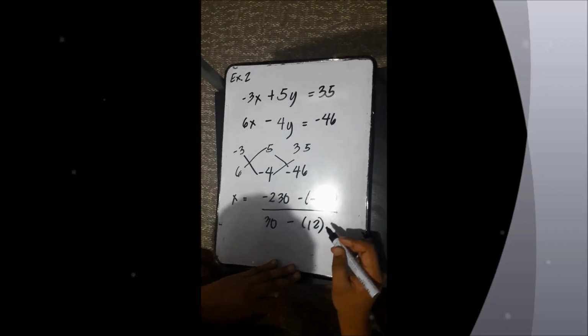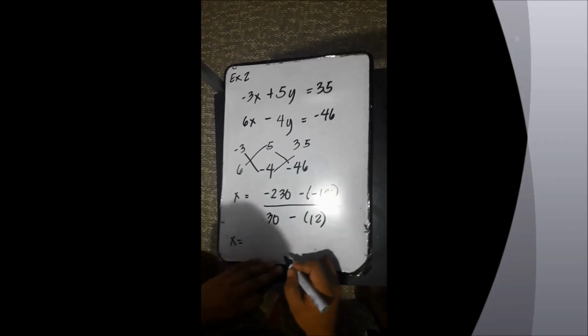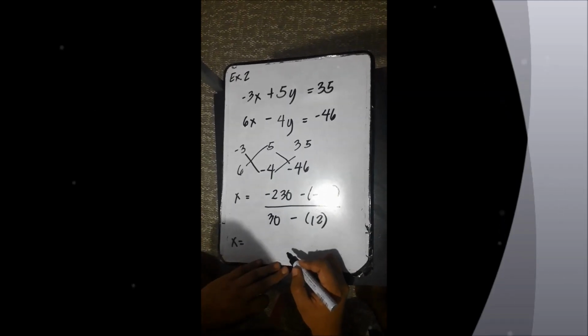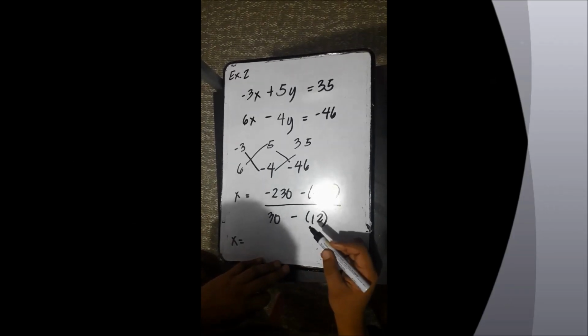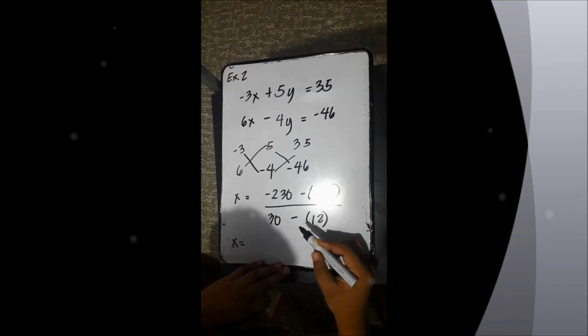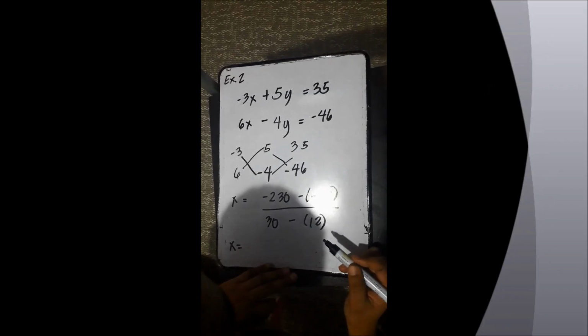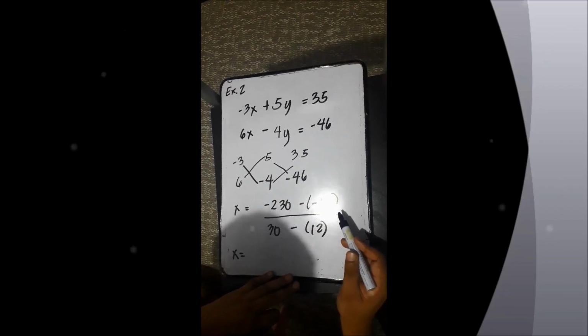And simplifying this, I should have x is equal to, okay, negative 230, and this becomes positive 140.